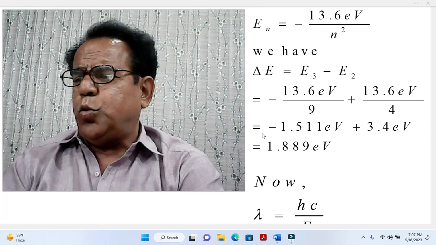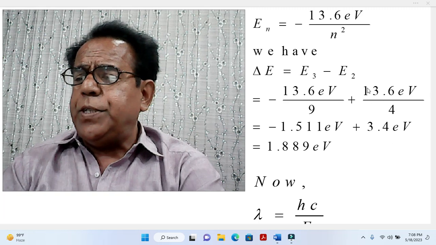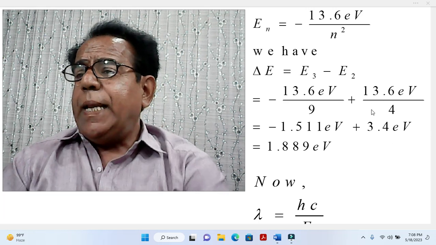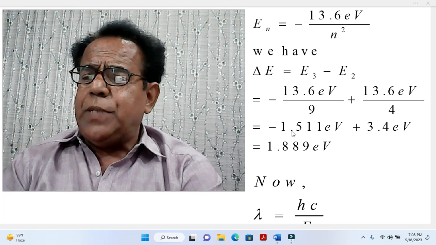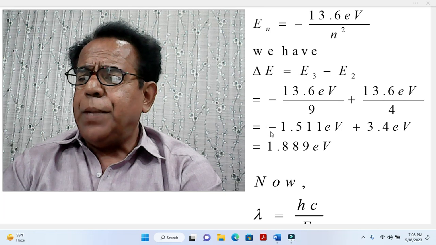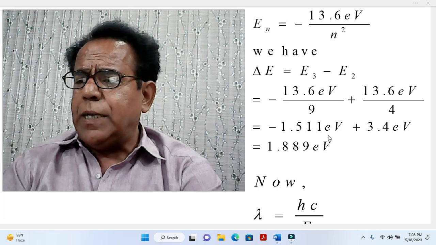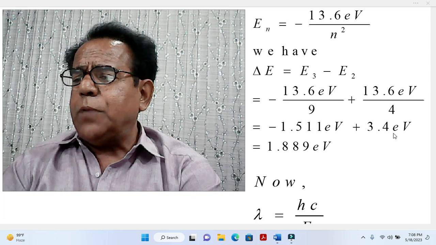So this is the value of E3 and this is the value of E2, and in the next step we have just simplified these two. It becomes minus 1.511 electron volt, and it becomes equal to plus 3.4 electron volt.